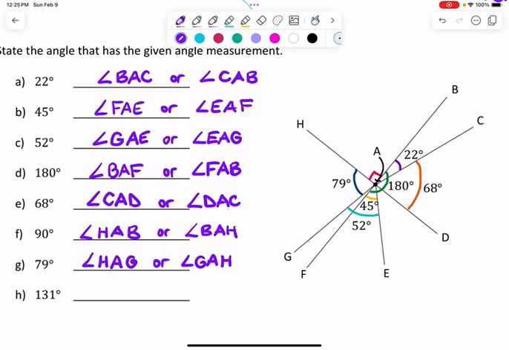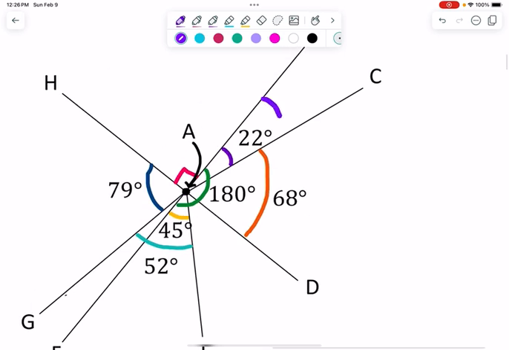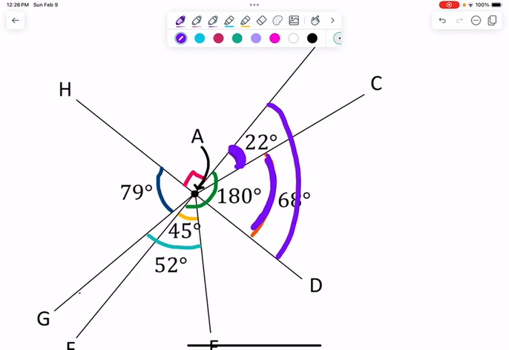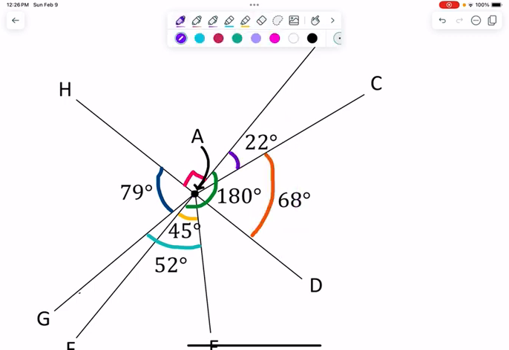So maybe I have to find something that will get me a total of 131. So I might go around and check. What if I went from this line all the way here? Well, that would be the sum of the 22 and the 68. Hey, that's technically 90 degrees, but that's not what I'm looking for. So that doesn't work.